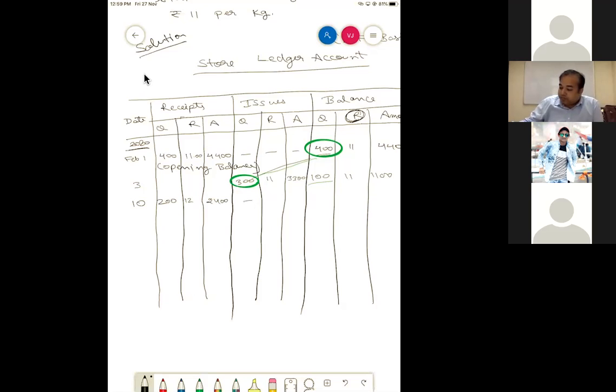Now let us write down the balance. First we will write down the previous balance. This is our previous balance, and then the current balance, that is 200 at the rate of 12. Your amount is 2400.